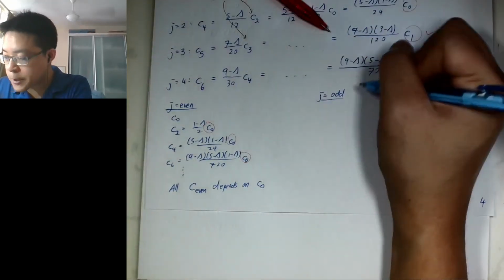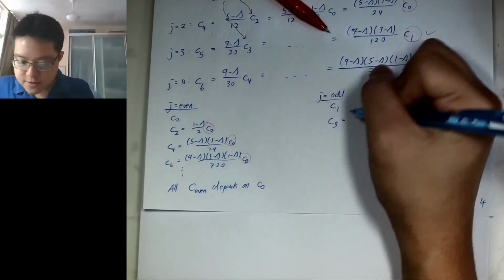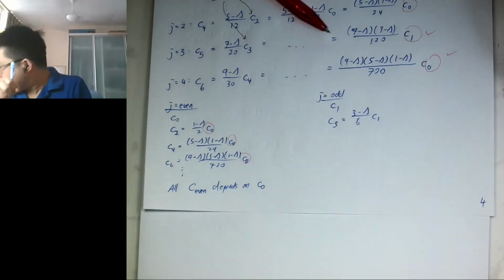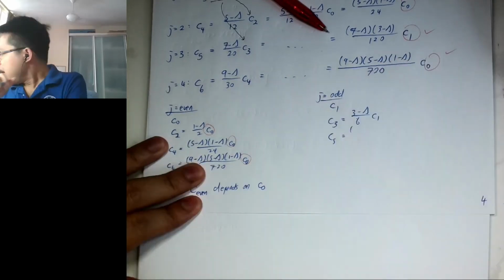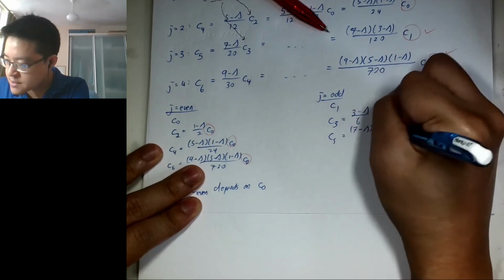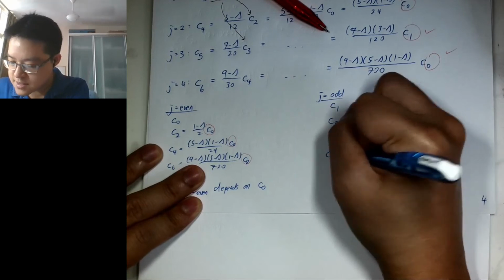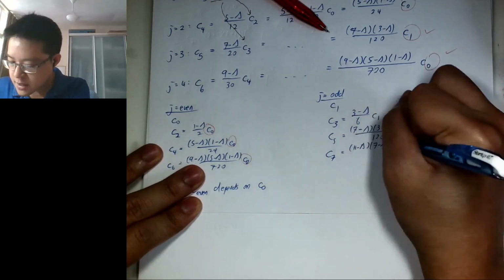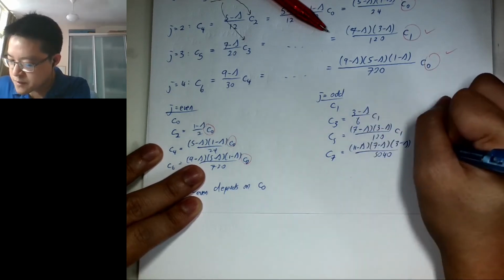So if j is odd, the first odd number is c1, and then the next odd is c3. So c3 was 3 minus lambda over 6 c1, and then c5 was 7 minus lambda, 3 minus lambda over 120 c1, and then when you go to c7 it is 11 minus lambda, 7 minus lambda, 3 minus lambda over 5040 c1.